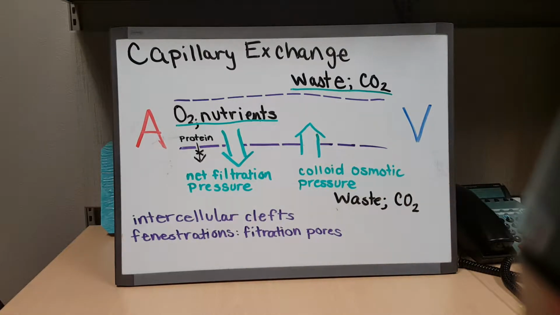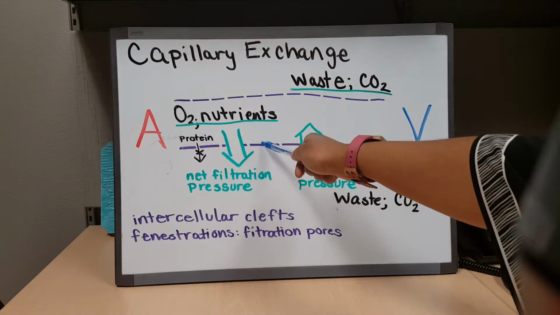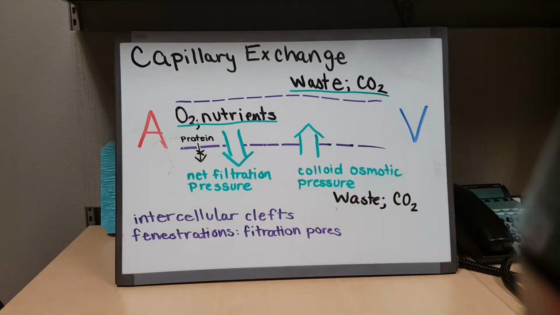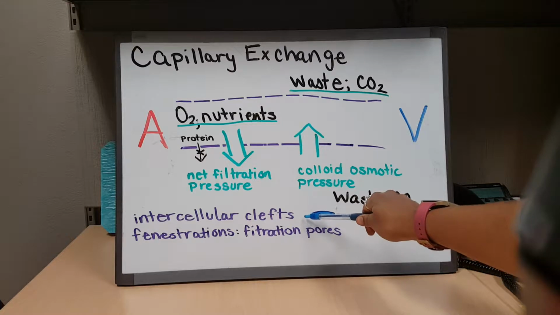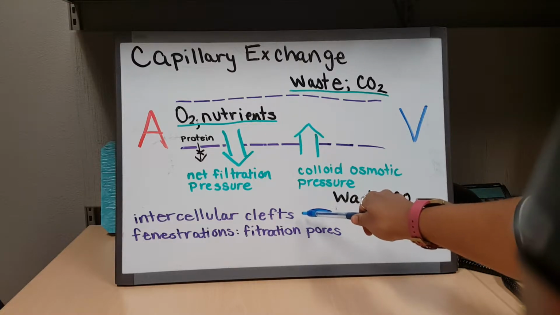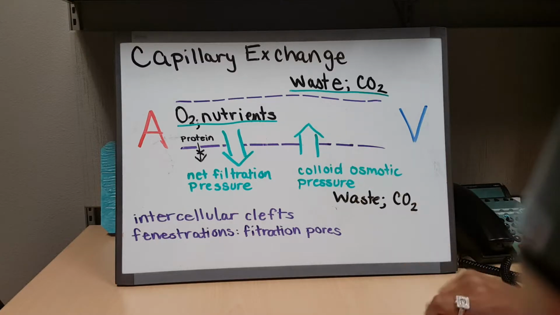So depending on the molecule you have, if it's lipid soluble, it's able to move through the endothelial cell, through the lipid bilayer. If it's water soluble, then it has to go through either the intracellular clefts, which are in between those endothelial cells, or the filtration pores.